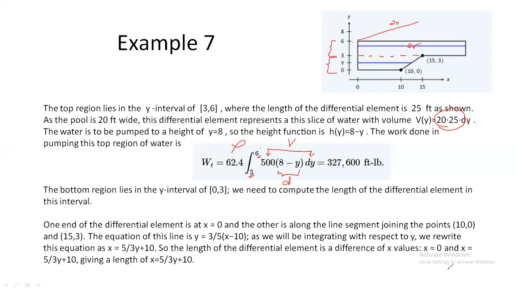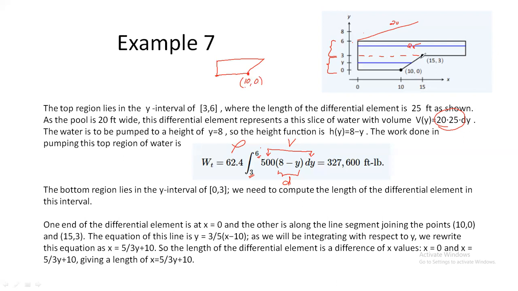Now, I like to write the cross-section here separately. So this is our trapezoidal cross-section for the bottom of the pool. This point here has the coordinates 10, 0, so x is 10, y is 0.